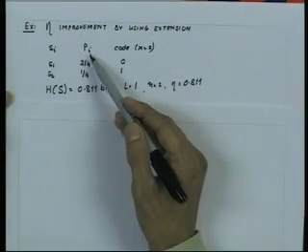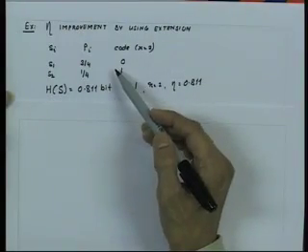So I take another example here where I want to show the efficiency improvement by using the extension of a source. Let us assume that I have 2 source symbols S1, S2 with probabilities of occurrence 3/4, 1/4.